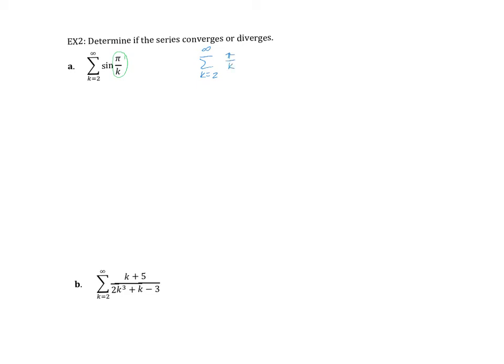So I'm going to use pi over k. Notice that I could pull out the pi because it's constant, and my series is simply 1 over k. 1 over k is harmonic, it diverges. Multiplying it by pi does not change whether it converges or diverges. So you could say that it's divergent harmonic, divergent p-series.